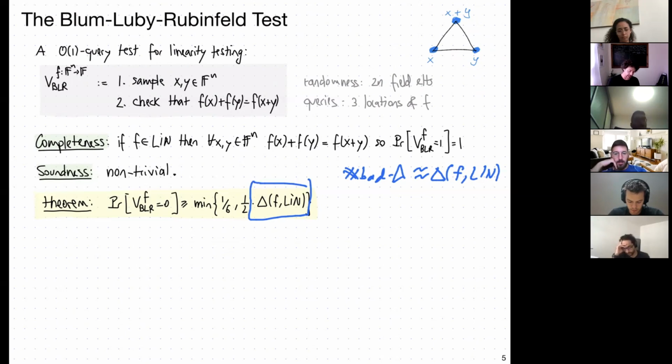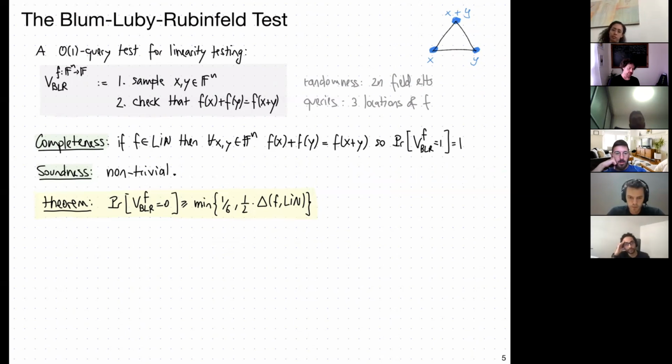And what we actually get is almost that. Let me just clear it a bit. I can only do this undo. Okay. So what we're getting is that the probability that we will reject, which is exactly the number of bad triangles, is at least half times the distance of f from being linear.